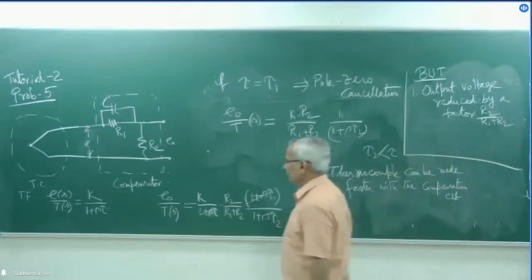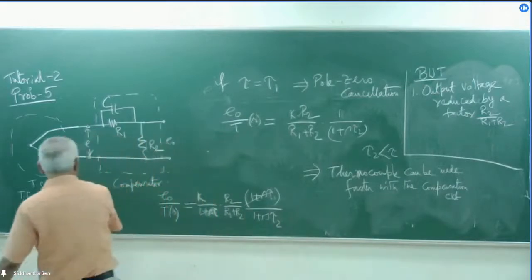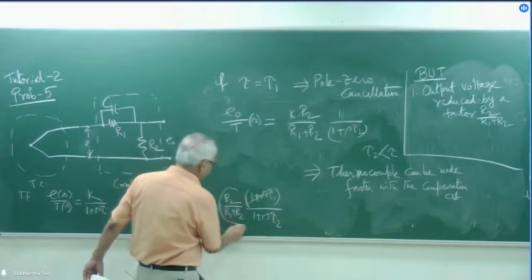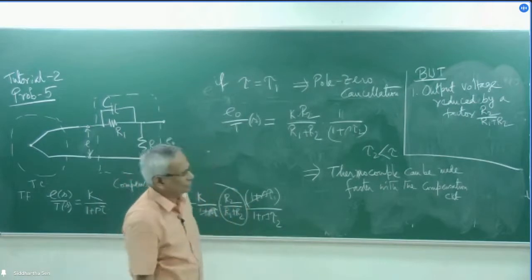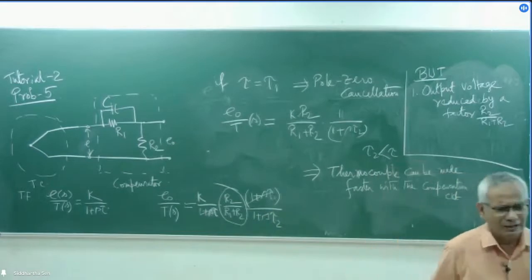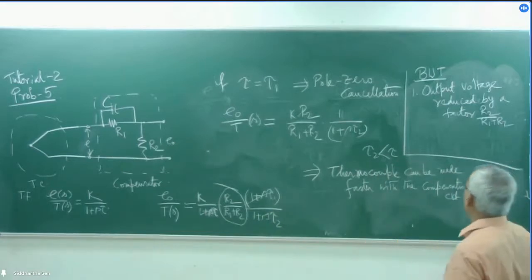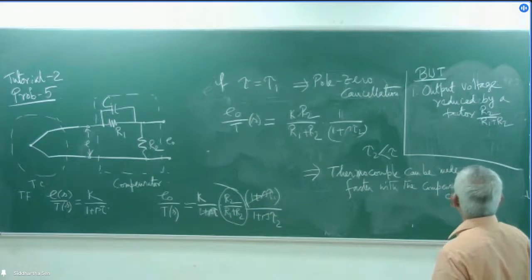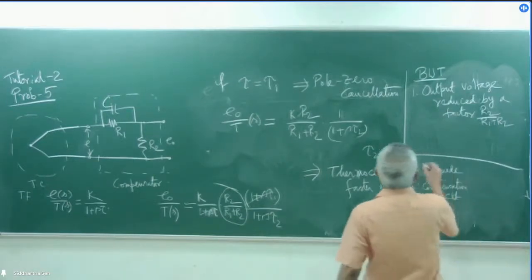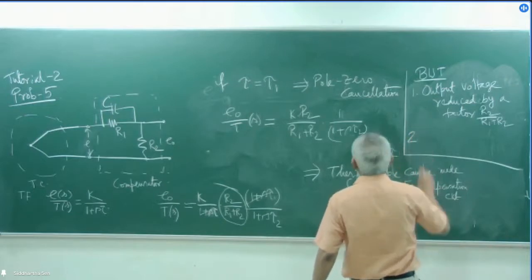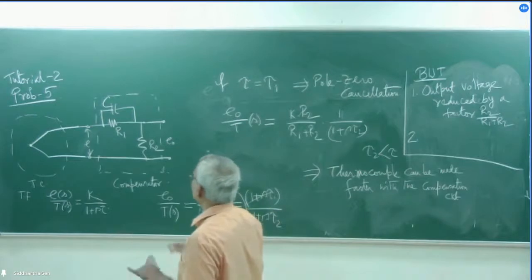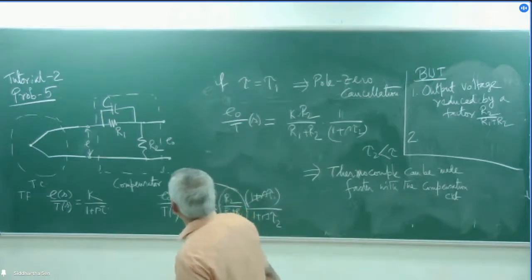Earlier there was no such factor. Now this factor R2 divided by R1 plus R2 is causing the problem. That means the output will be attenuated by the compensating network. Another problem is also there. We must be careful. But it is an interesting way of solving this.